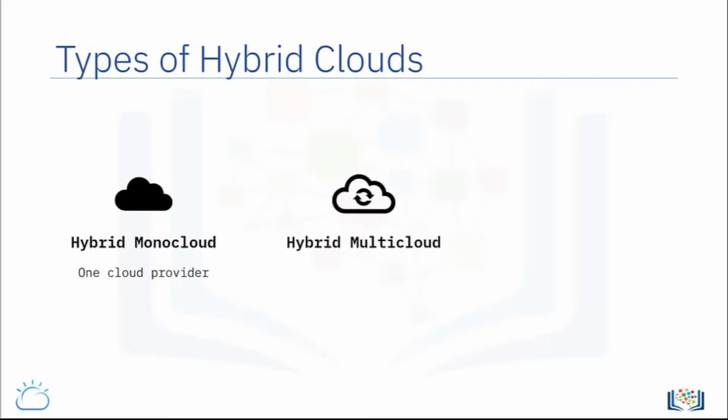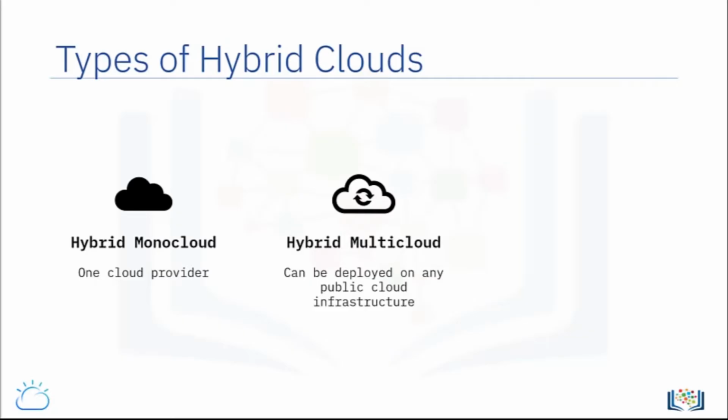There are two common types of hybrid clouds: hybrid monocloud and hybrid multi-cloud. A hybrid monocloud is a hybrid cloud with one cloud provider, while a hybrid multi-cloud is an open standards-based stack that can be deployed on any public cloud infrastructure.